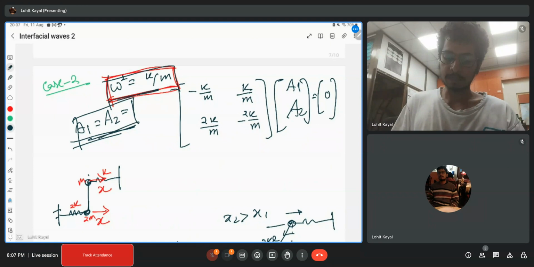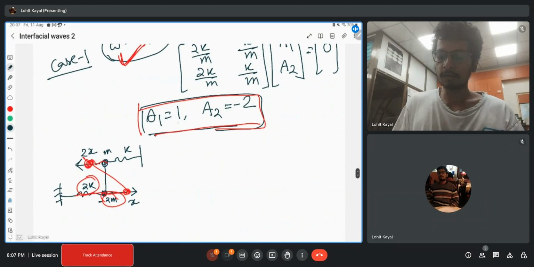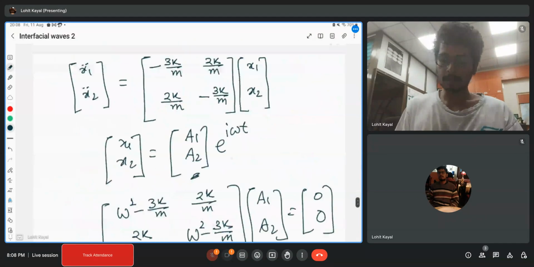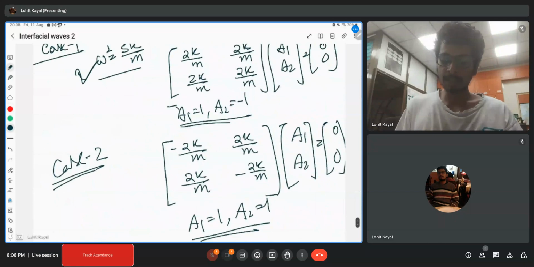For the same direction, both will move by the same amount, but for the opposite direction, one will be 1 and another will be -2. This prediction cannot come from intuition. You need to solve the entire problem. But when your system is symmetric, you can very easily take this guess and do the rest of the calculation.